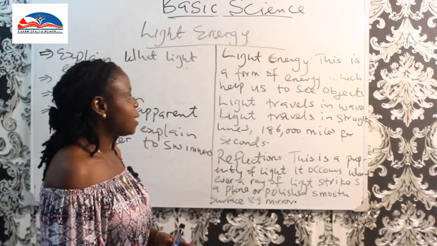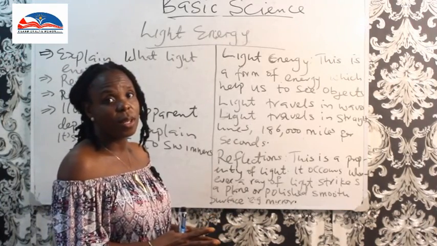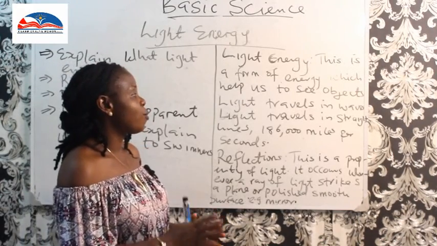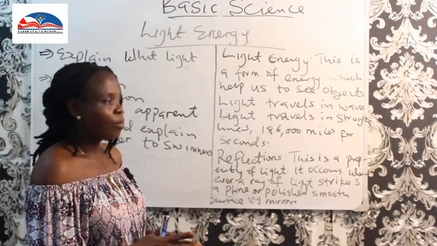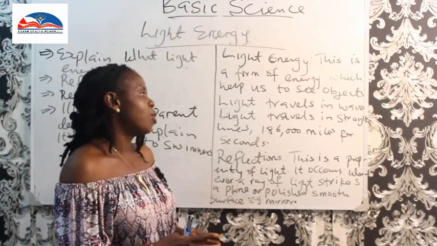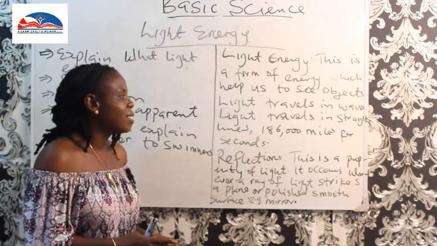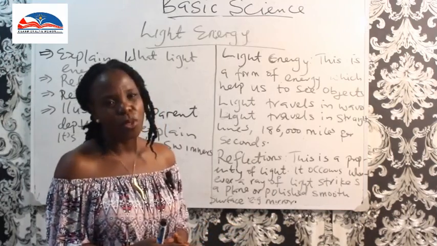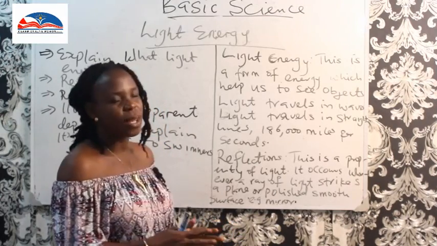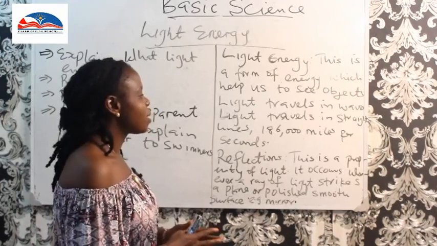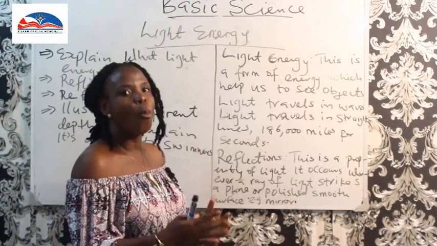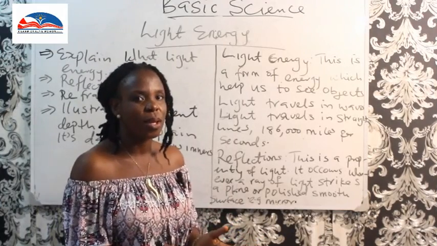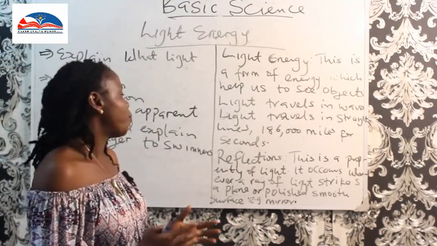Light energy travels in waves, and it travels in a straight line. Light travels at about 186,000 miles per second. Some scholars said 186,250 miles per second. So about or more than 186,000 miles per second. That's very fast, you can say.